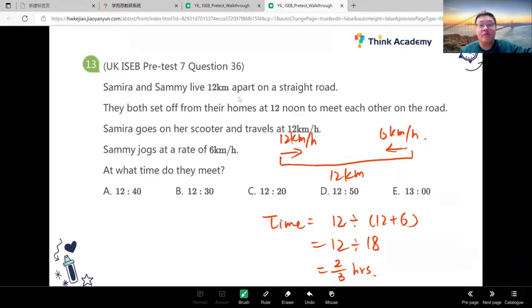And in each hour, we have 60 minutes. So that equals 2/3 times 60, which gives us 40 minutes. So after 40 minutes, they're going to meet each other. And the starting time is 12 noon. So after 40 minutes, it's going to be 12:40. So you choose A.